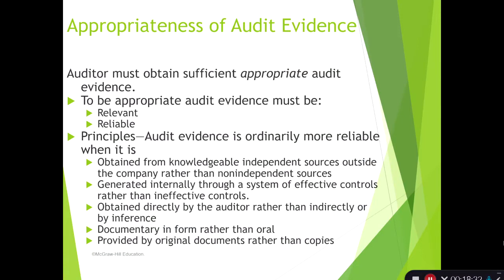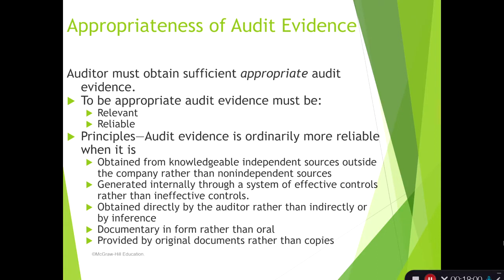Like I mentioned before, if we have an outside source, then it usually is considered more reliable. If it is internally generated evidence, then if you have a good system of effective controls, you're going to have more reliability on that evidence than if it's an ineffective system. And if you can obtain information as the auditor instead of through the company, then that's usually better as well.